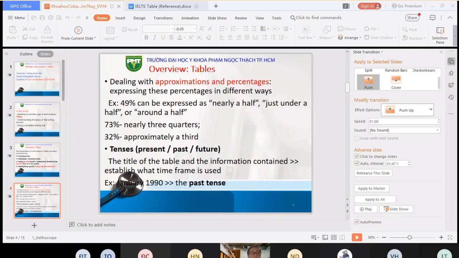The time frame will let you know what tense you should use, whether present simple, past simple, or future. For example, if our time frame is January 1990, you know that you should use past tense in your description.